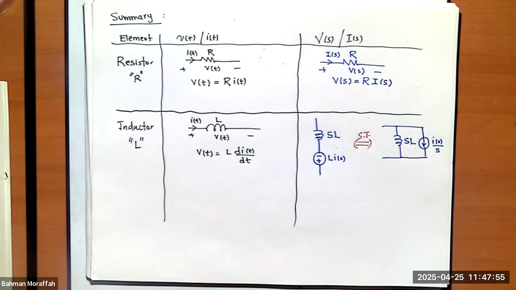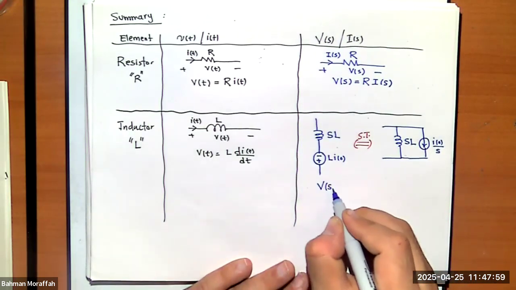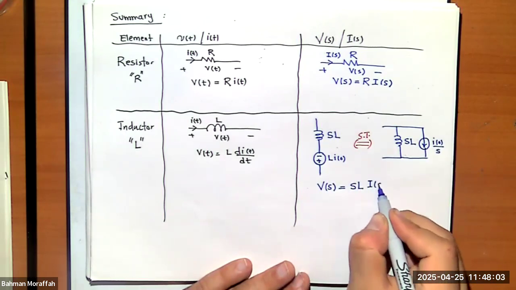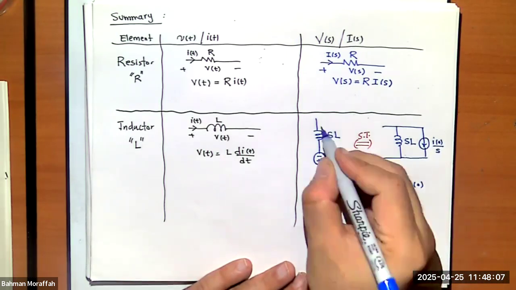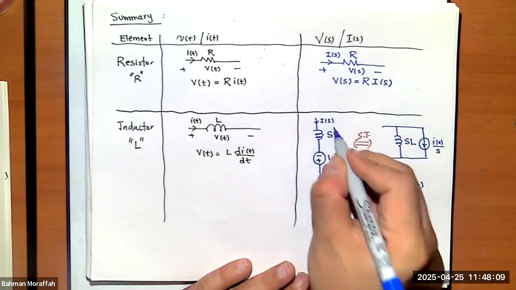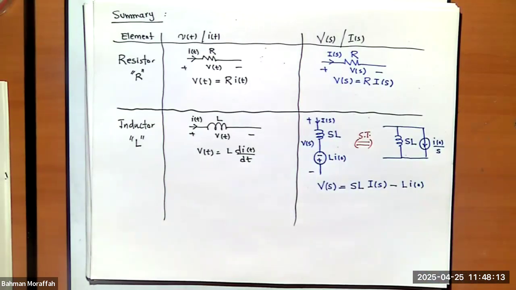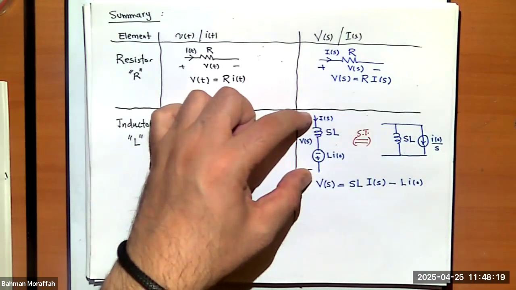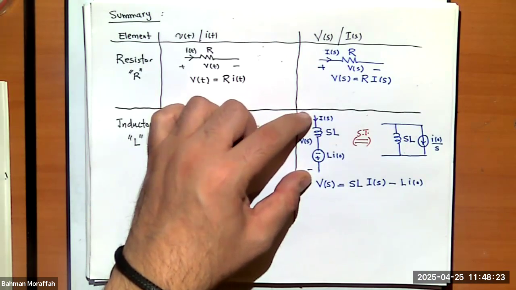Right? And the VI relationship is basically this: V(s) equals sL I(s) minus L i naught. So if this is I(s), this would be V(s). Right? So to find the voltage across this in the time domain, we have to find the voltage across these two elements together in the s domain. Right?